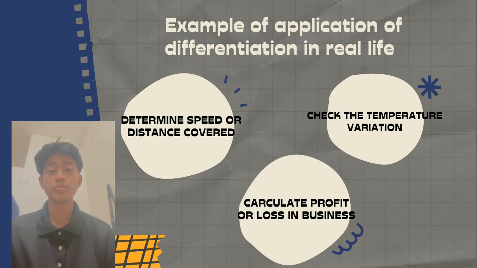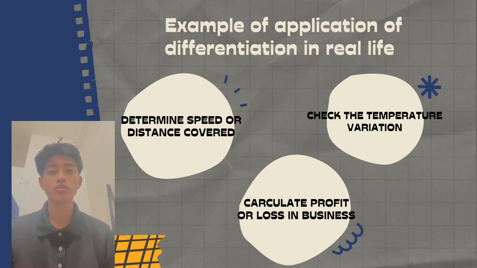Next, examples of application of differentiation in real life. Number 1 is to determine speed or distance covered, like velocity and acceleration. Number 2, check the temperature variation, which is main to check the pandemic virus and more.